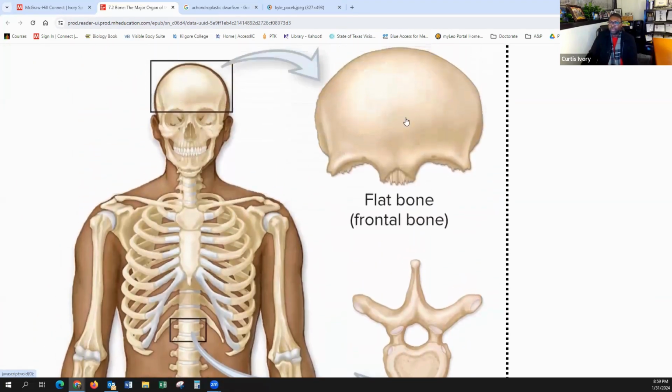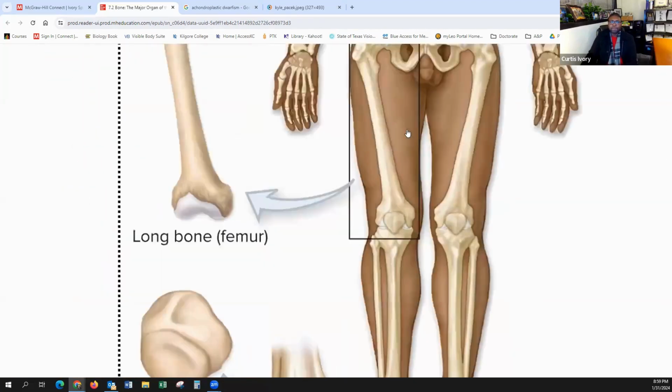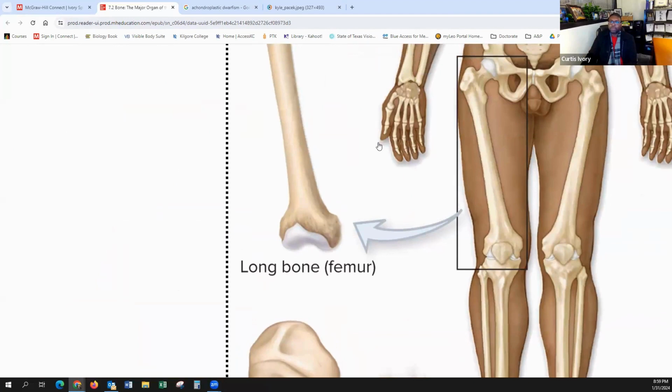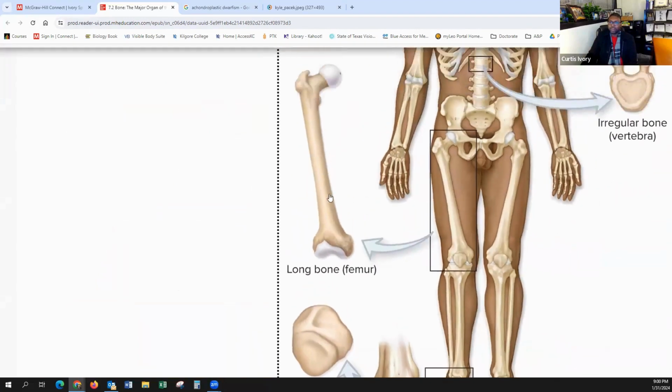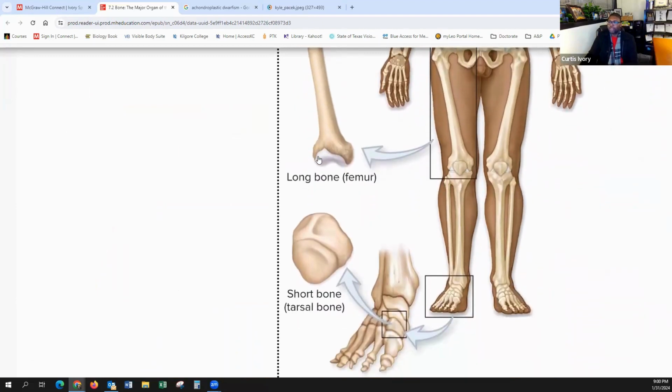Flat bones are flat, even though this one looks rounded, the thickness of it is actually relatively flat. Long bones are called long because they are longer than they are wide. And then we have short bones that are, of course, short.